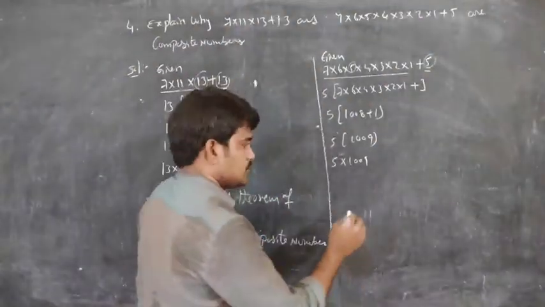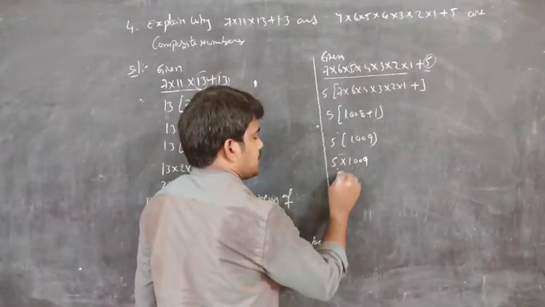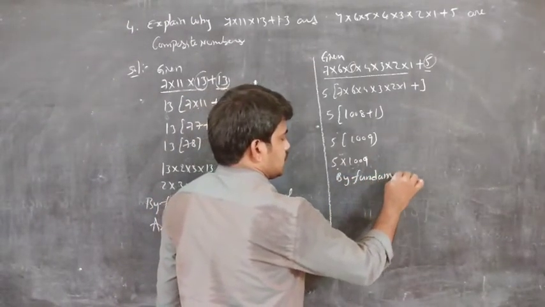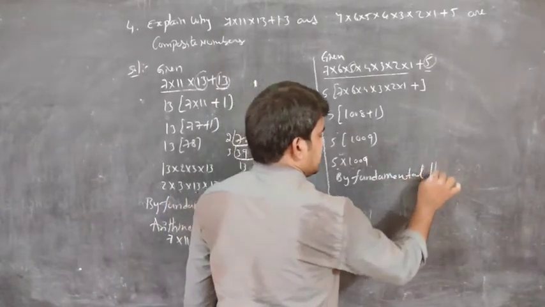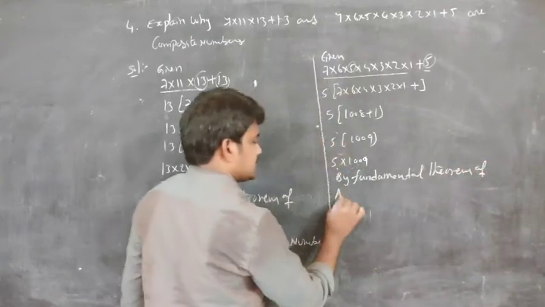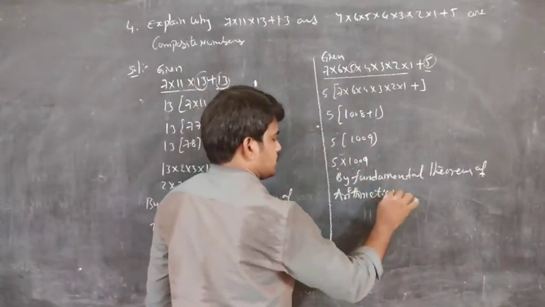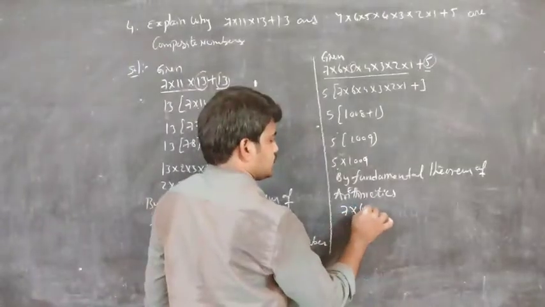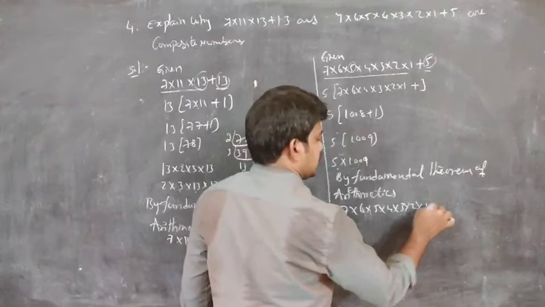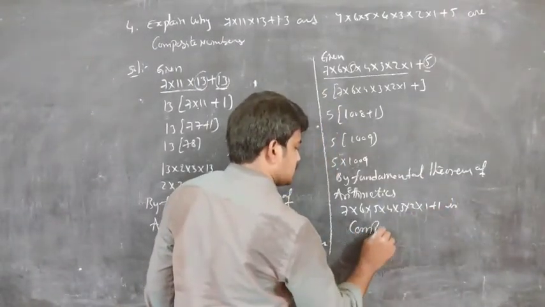So this is a product of prime numbers by the fundamental theorem of arithmetic. So 7 into 6 into 5 into 4 into 3 into 2 into 1 plus 5 is a composite number.